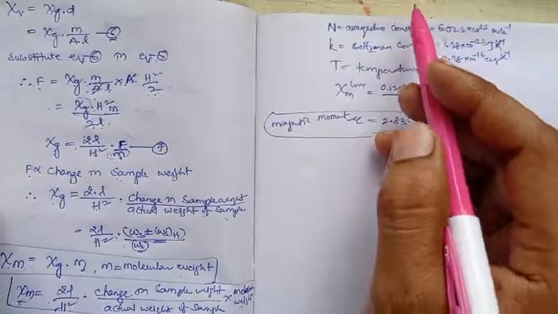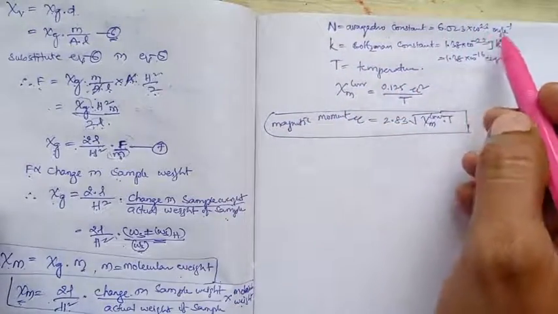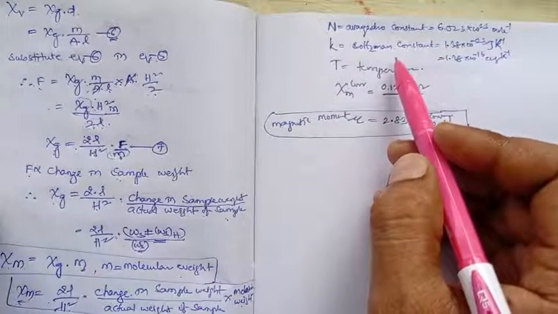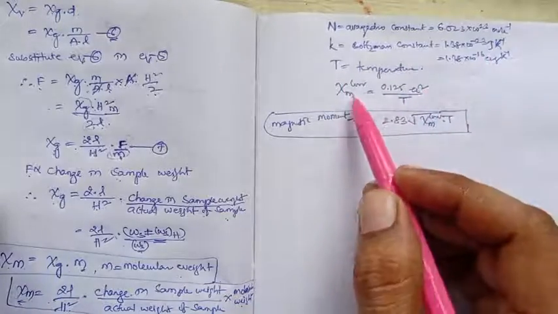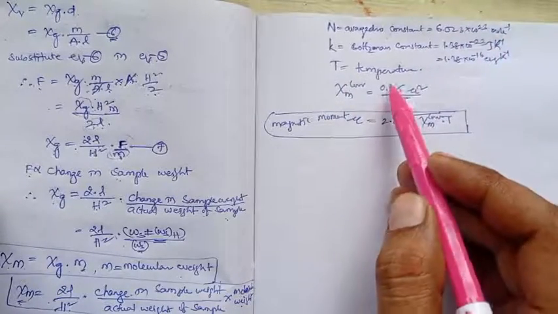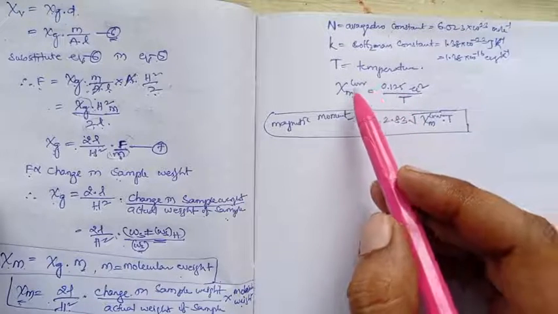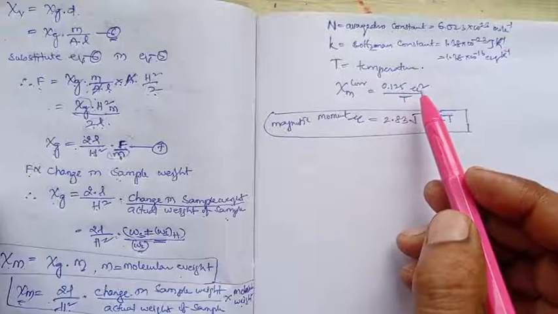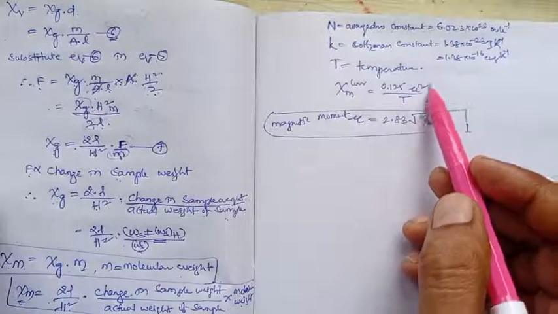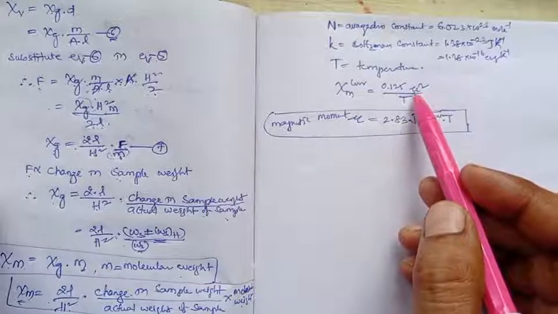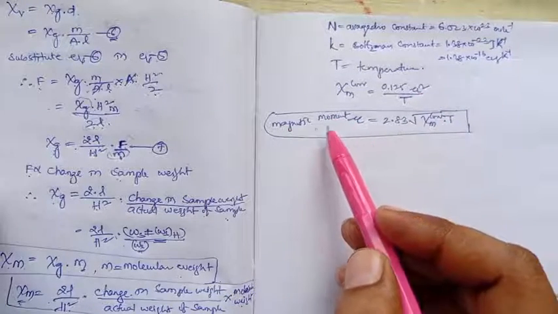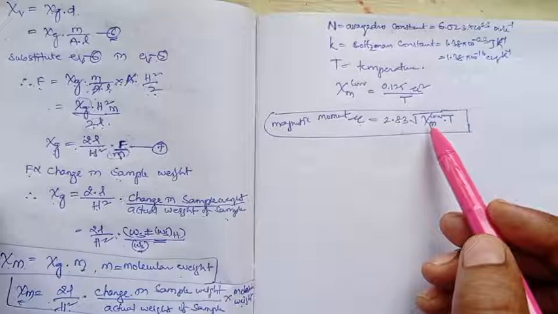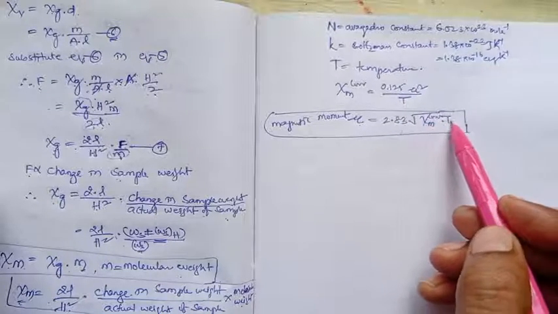which is 6.023 into 10 to the power of 23 per mole, k is the Boltzmann constant, and T is temperature. When we put in all the constants and simplify the equation, the corrected molar susceptibility is equal to 0.125 into mu square by T. We need to calculate mu, the magnetic moment, which is equal to 2.83 times the square root of molar susceptibility into temperature.